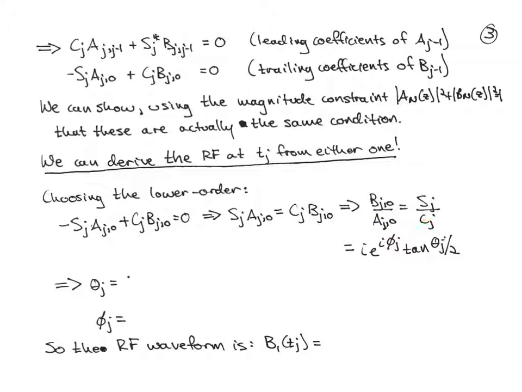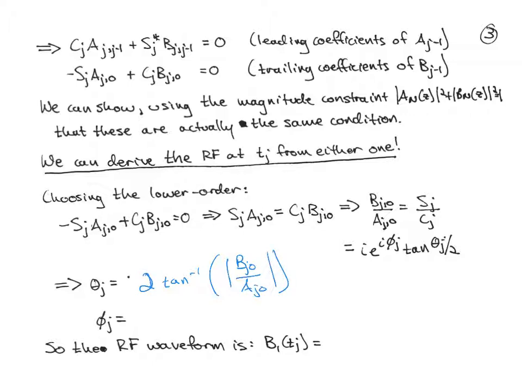to the ratio of s sub j over c sub j, which is equal to i times e to the i phase of the pulse times the tangent of the flip angle of this sample divided by 2. We can solve this then to get theta sub j, the flip angle, which is equal to 2 times arctan of the magnitude of b sub j0 divided by a sub j0.